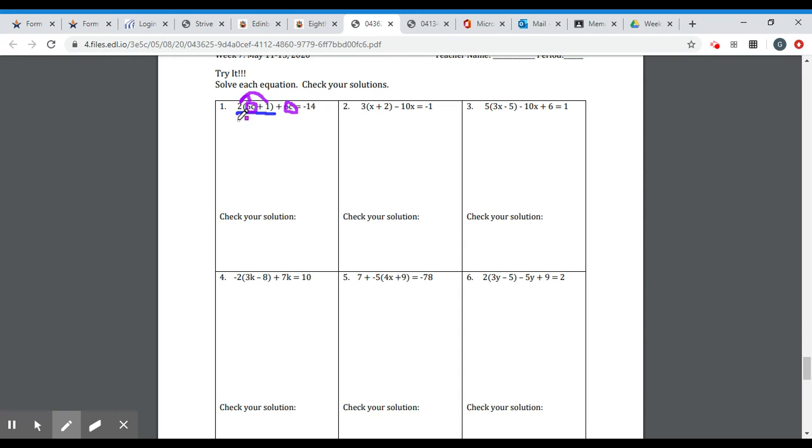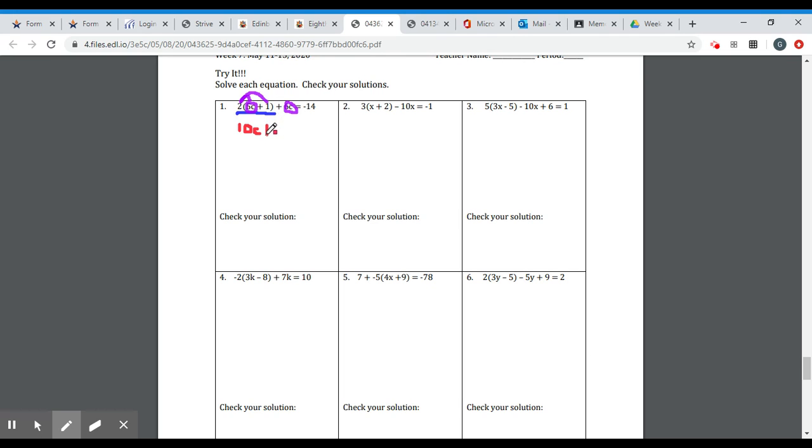So when I distribute, okay, what is 2 times 5? 10. So I have 10C. Okay. When I distribute the 2 and the 1, what's 2 times 1? 2.